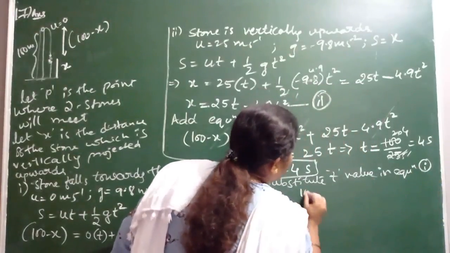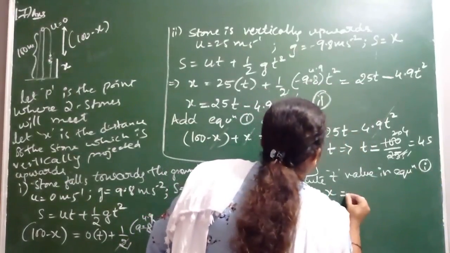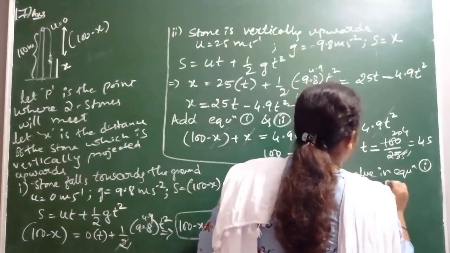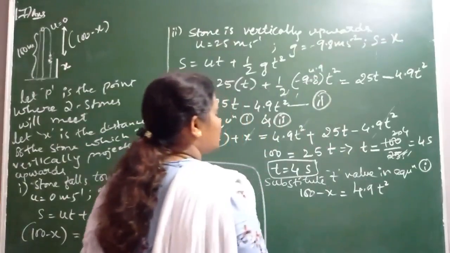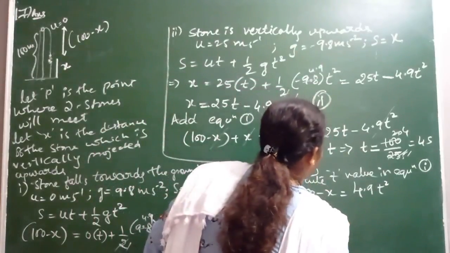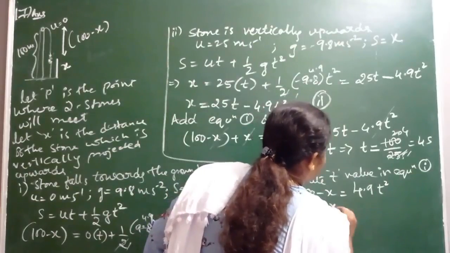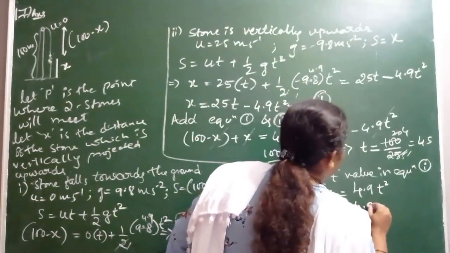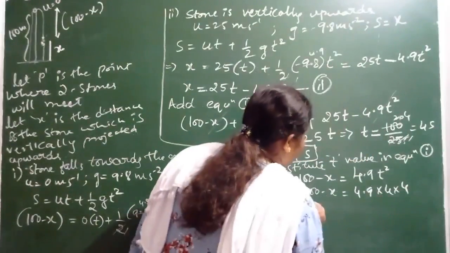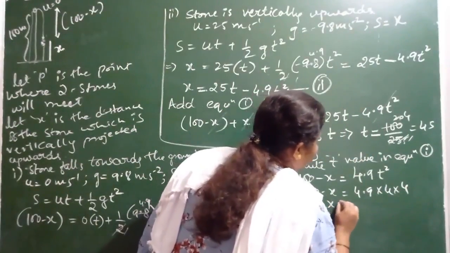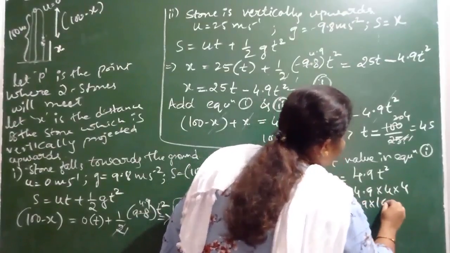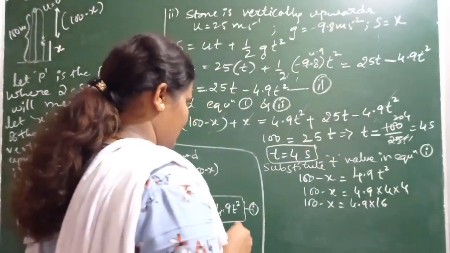What is that? 100 minus x is equal to 4.9 t square. So, what is the t value children here? 4. That is 100 minus x is equal to 4.9 into 4 into 4. This is what? 100 minus x is equal to 4.9 into 16. 4 into 4, 16, no? Yes.